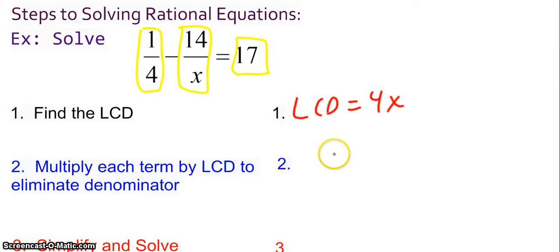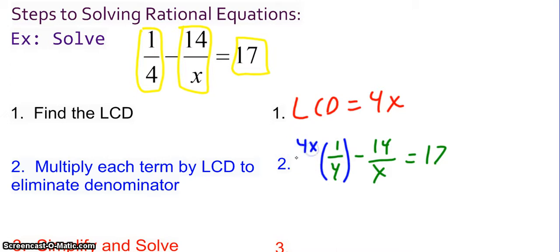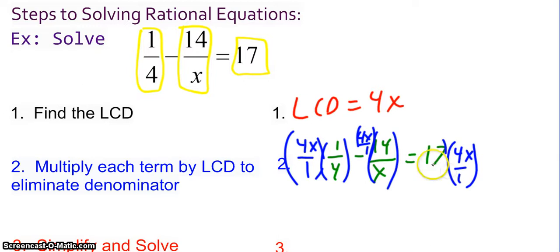So if we have and we multiply each one of these by 4x over 1, now when I multiply 4x over 1 times 1 over 4, the 4's cancel and we're left with x.